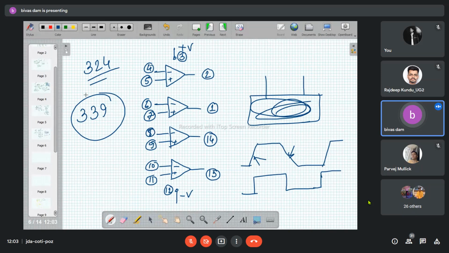Texas Instruments can have their prefix, Linear Devices can have theirs, Analog Devices can have theirs. But the fundamental part name will remain 339 or 324 or 741. So the number always remains constant, and the prefixes or suffixes vary from component to component.